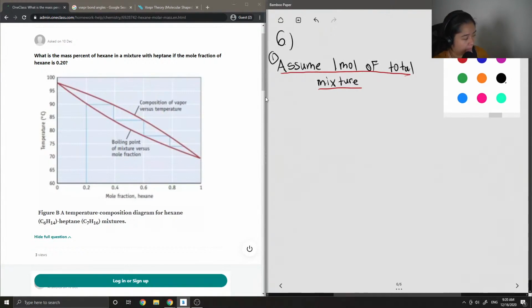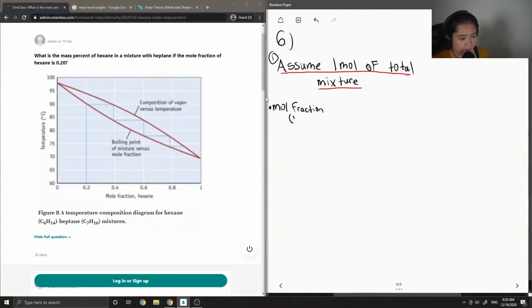I'll just write down a sample equation showing how mole fraction is calculated. The mole fraction of A, denoted X, is equal to the number of moles of A divided by the total number of moles.